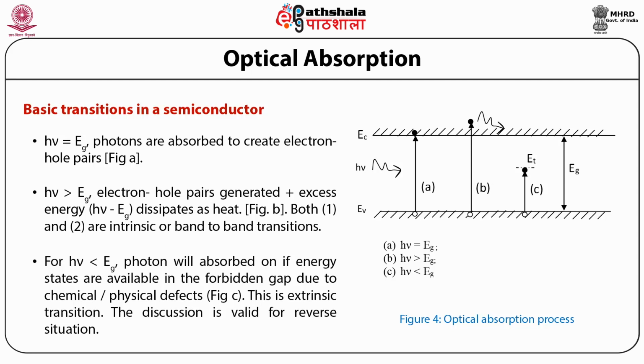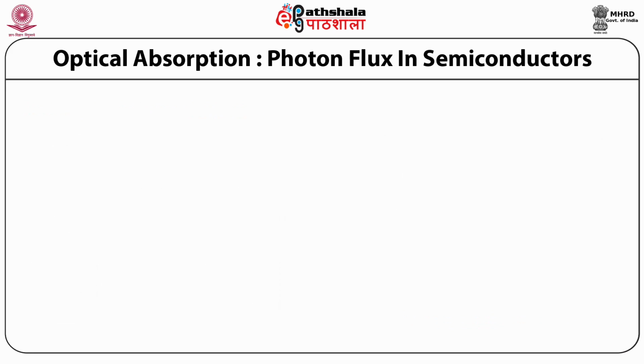For h nu less than Eg, a photon will be absorbed only if energy states are available in the forbidden gap due to chemical or physical defects. As shown in figure C, this is an extrinsic transition, and the discussion is valid for the reverse situation.